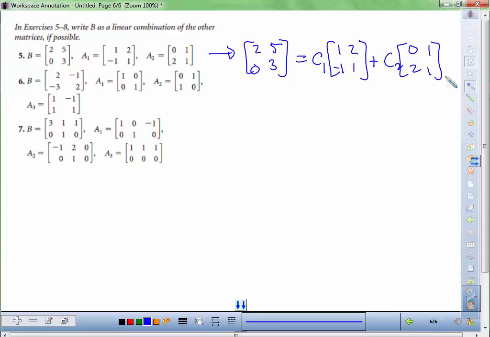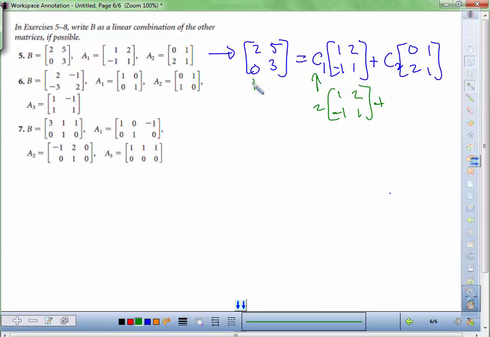Think 2 and 1 would work? I would believe that if there's any chance of this happening, because this is a 0, C1 has to equal 2. And then from there, whatever happens, happens. So what did I say C1 was equal to? 2. Okay. So 2 times 1, 2, negative 1, 1 gives 2, 4, negative 2, 2, and this entry is equal to 3, maybe.